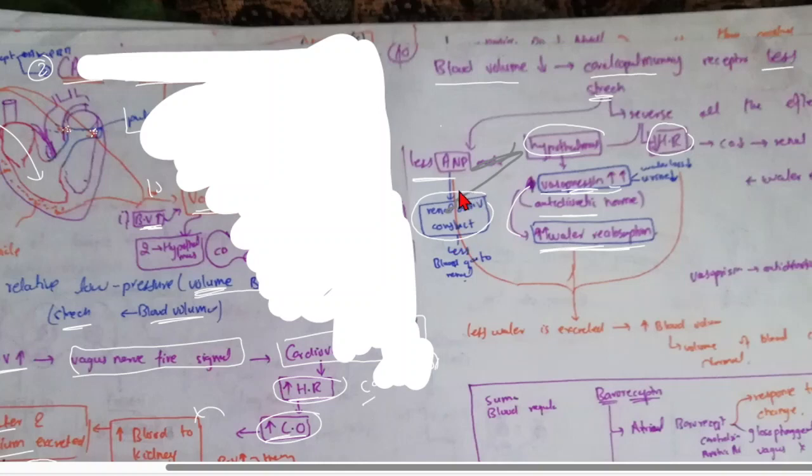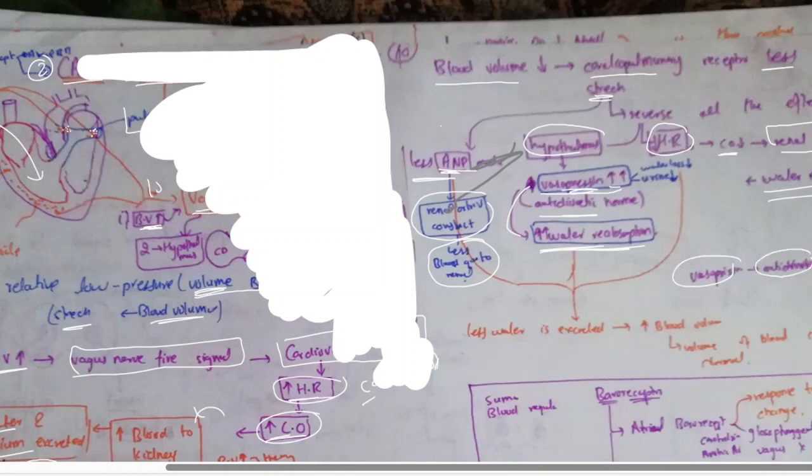If there is more ANP, there is renal vasodilation. If there is less ANP, there is renal arteriolar constriction. So less blood goes to the kidney, less blood is filtered, and less water moves out. So the heart rate is decreased, cardiac output is decreased, renal blood flow is decreased, and water excretion is also decreased. Now you have to remember that vasopressin is actually antidiuretic.